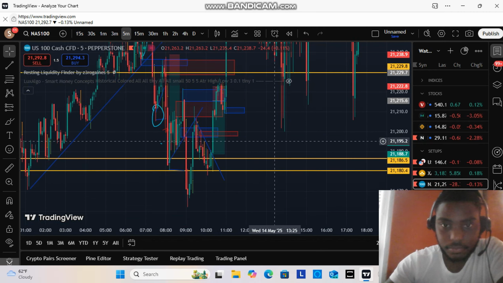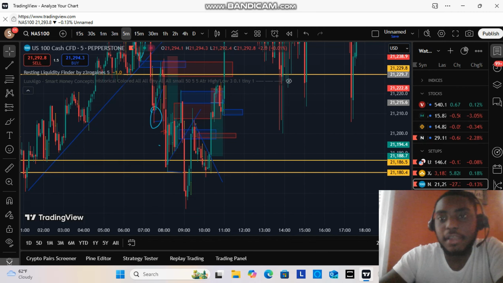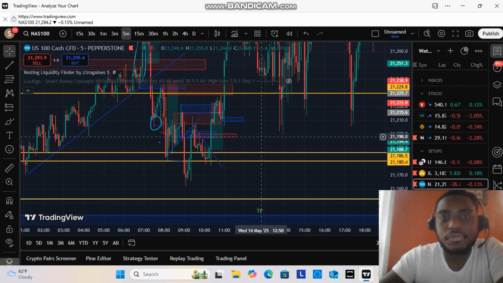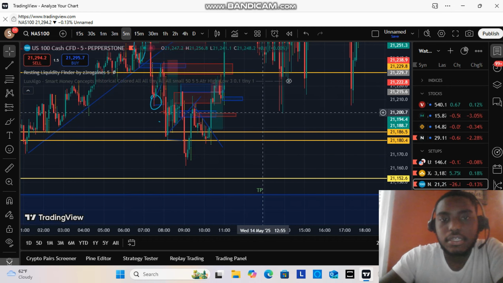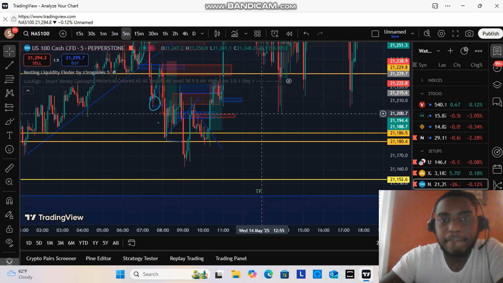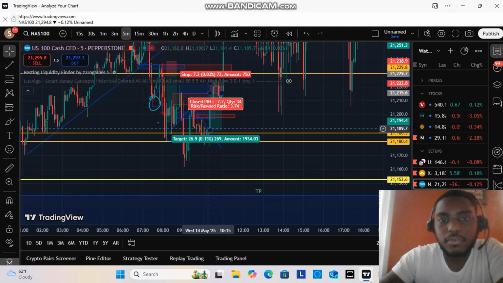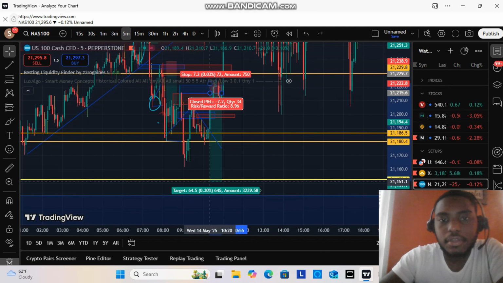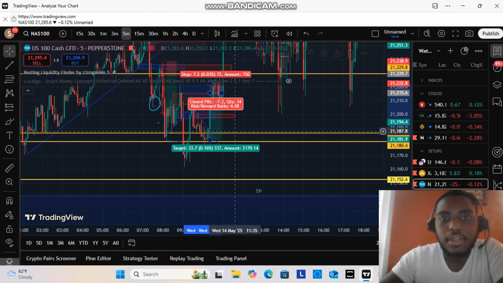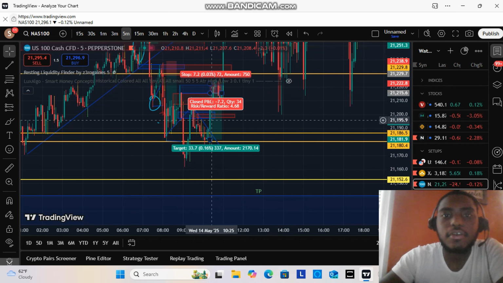I'm not saying over leverage, I'm saying my normal risk percent. So yeah, was targeting down here. Would have been a nice little trade. Well, that's the wrong one I drew down, but yeah, would have been a nice little trade.